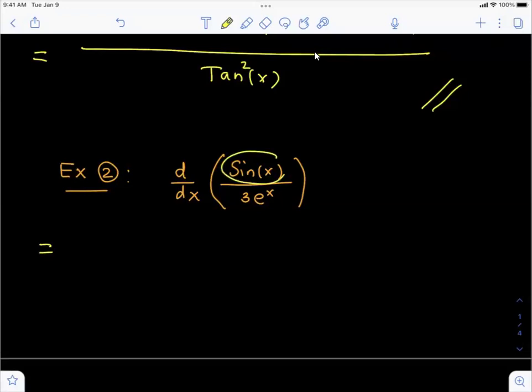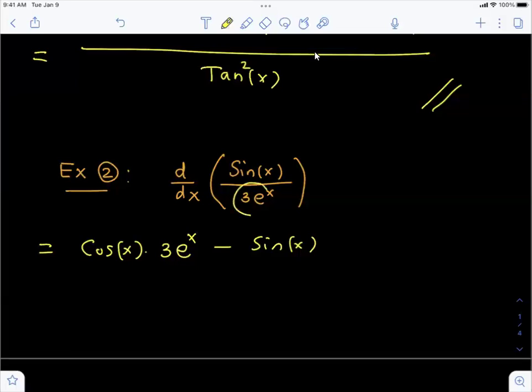Now, the derivative of the top is none other than cosine x multiplied by the original bottom function, which happens to be 3e^x, minus the original top, which is sine x, and then you're going to take the derivative of the bottom function.